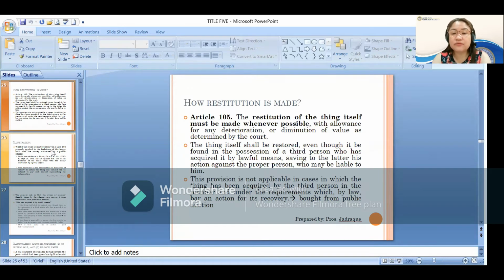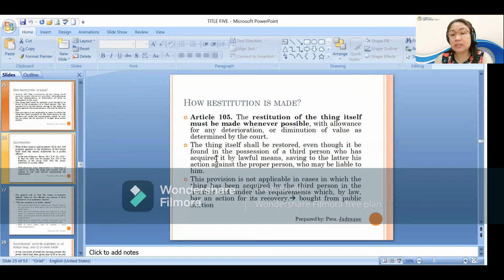The thing itself shall be restored even though it may be found in the possession of a third person who has acquired it by lawful means, saving to the latter his action against the proper person who may be liable to him.